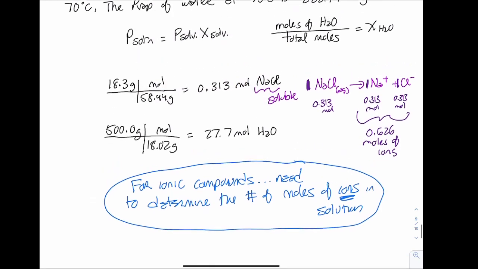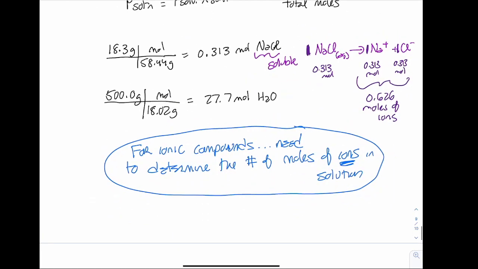So figuring out my mole fraction here, moles of water are going to go on top, 27.7 moles. And then on the bottom, my total number of moles, 27.7 moles plus essentially 0.313 plus 0.313. I'm just going to add the 0.626 moles.